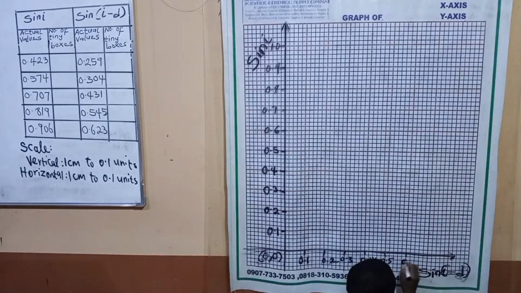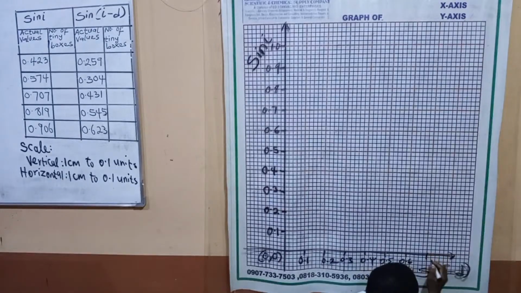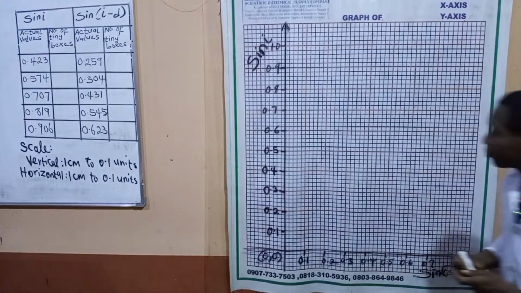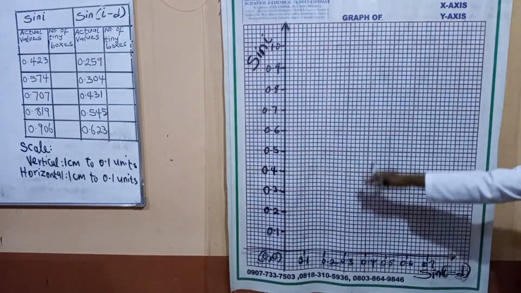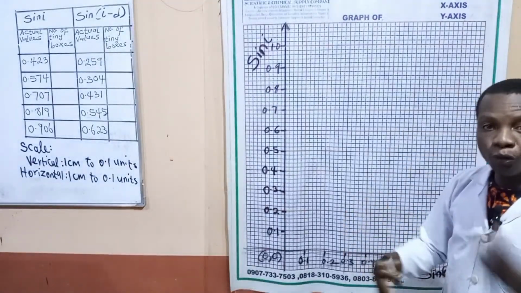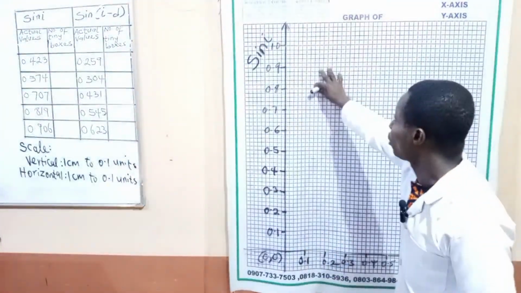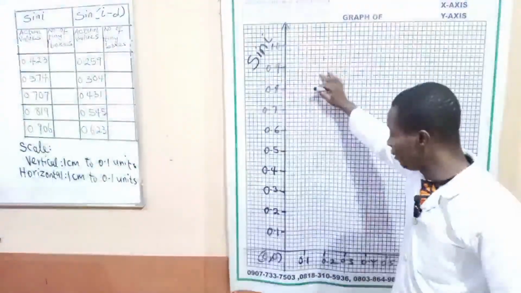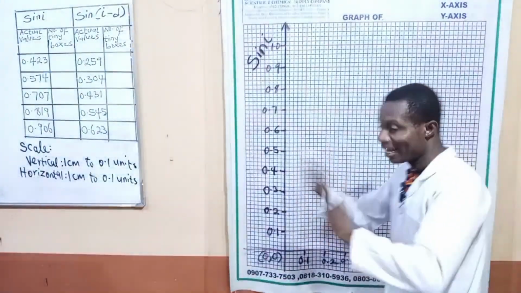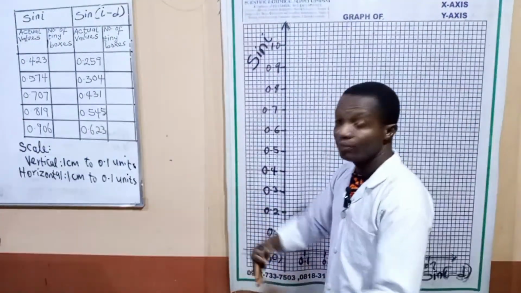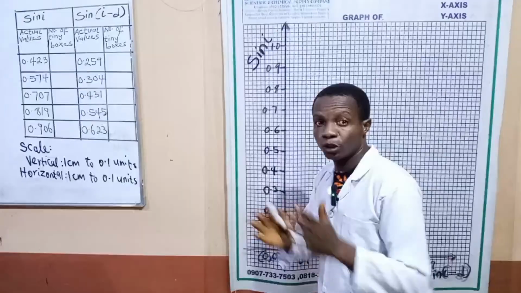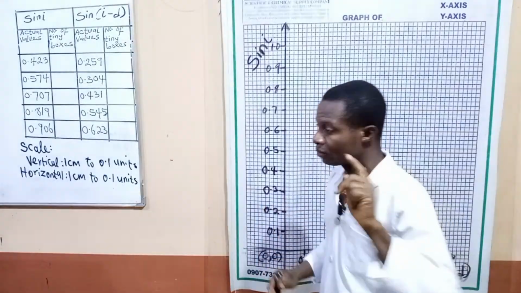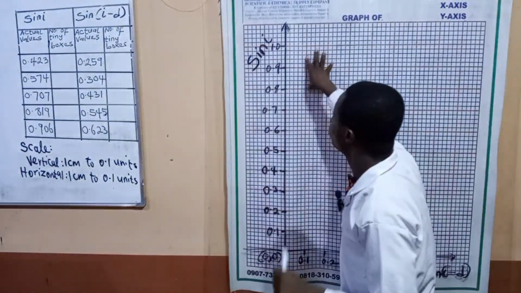Then we have 0.6. Okay, then the next one is now 0.7. You can see, so this is what we have. You can see the way I'm gradually building up my graph. This is how you are going to build your graph, but don't waste time, okay? Build it fast, all right? Let's do it very quickly so that we can plot the two graphs. Remember, we are plotting two graphs on that day, so there's no need wasting time.